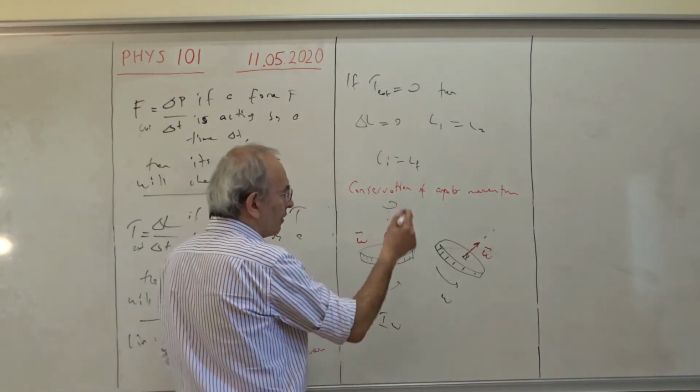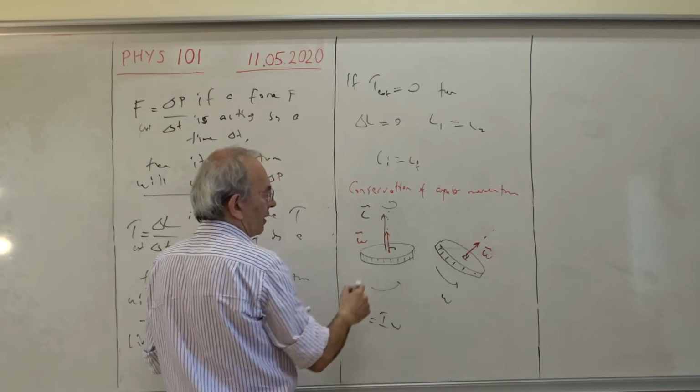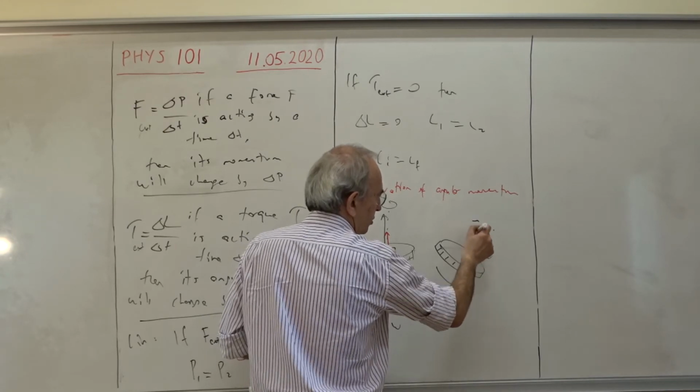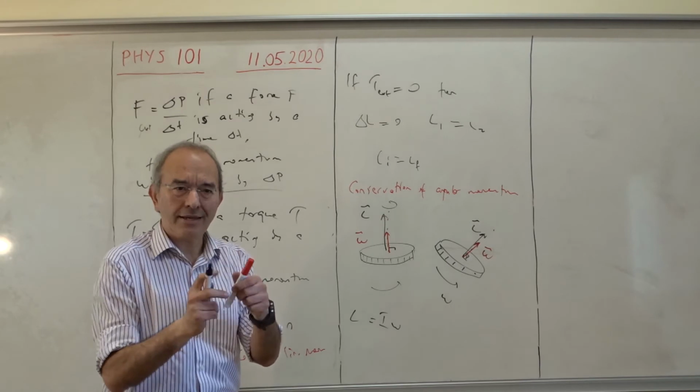So let me draw another vector here, maybe longer. Let's say this is the L vector, and they are parallel. This is also an L vector, which is also parallel to omega. So they are again side by side.